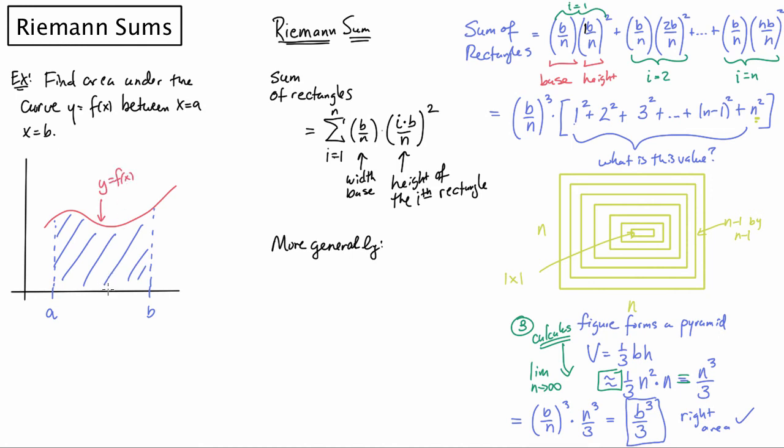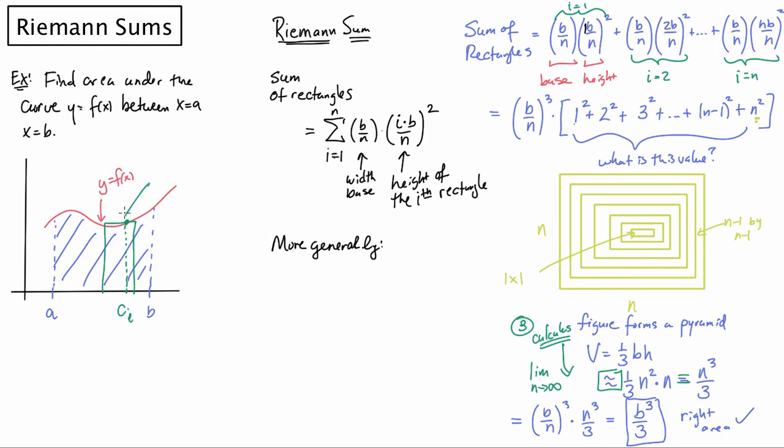Well, I'm just going to think about an arbitrary rectangle here. And I don't care where I put the rectangle. I just know the height is wherever it intersects. So I'm going to suppose that it intersects at the point ci.